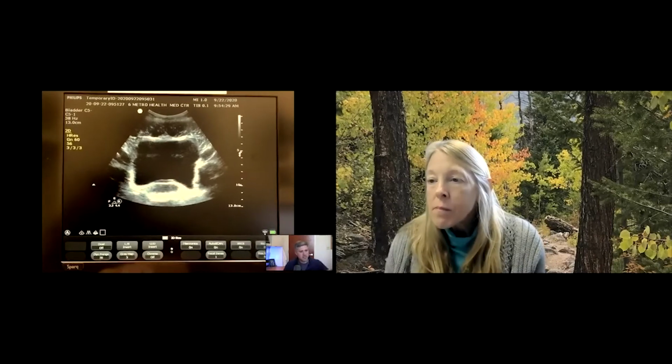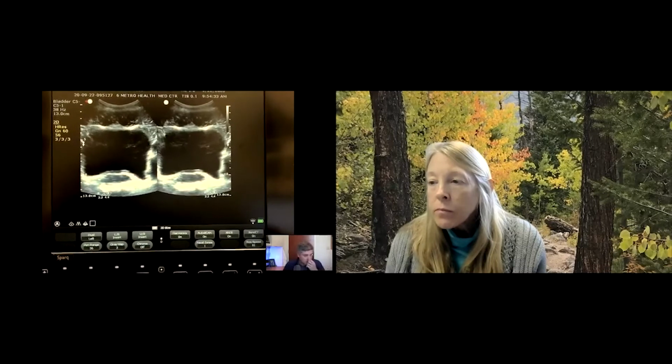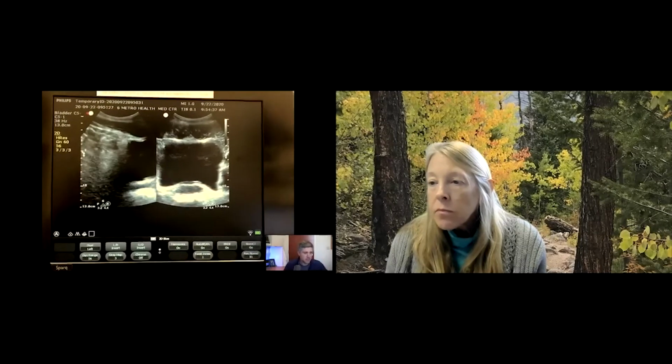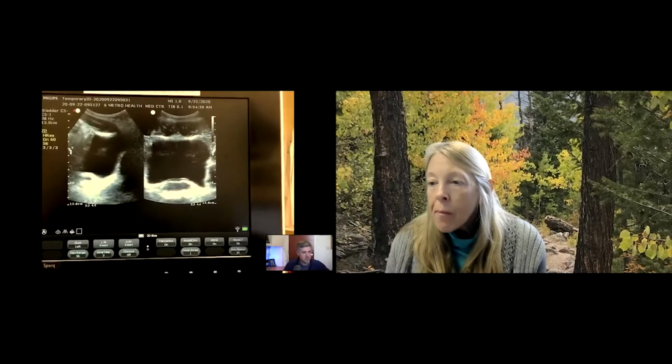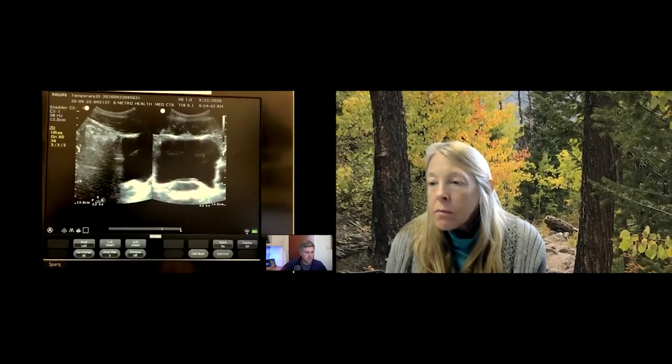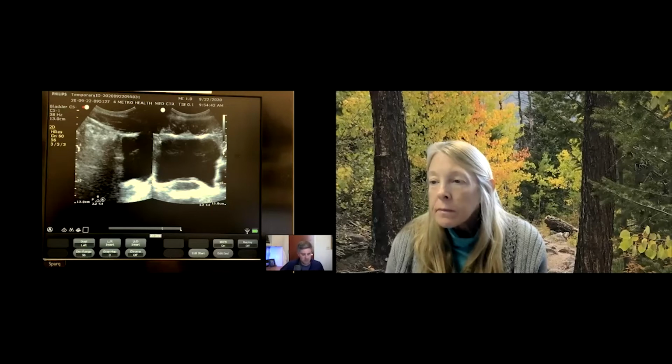I found the transverse oriented window, found the biggest one, hit the dual button, and that gave me another screen next to it, and I went live. I was able to switch to sagittal orientation, scan, find the biggest measurement area that I could, and freeze on that. Once I've frozen that, now I have two different orthogonal views that I can measure, getting the length, height, and width measurements to then turn into a bladder volume.